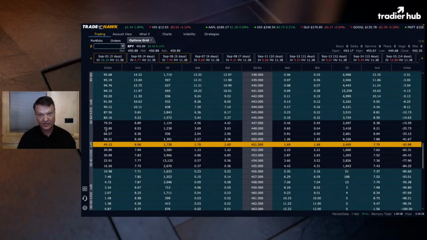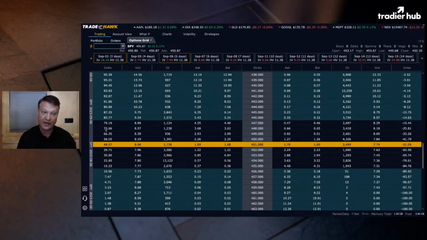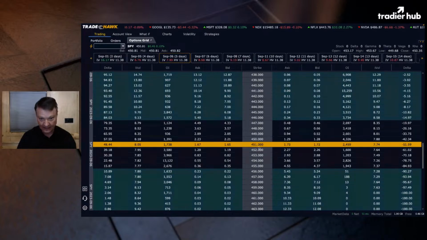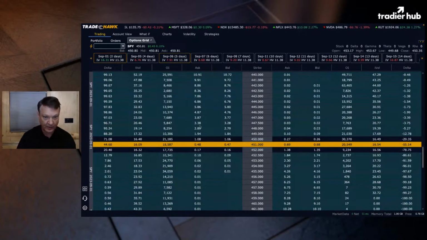So now, since we're going to go shorter term expiration, 1 day to live, what's going to happen to that delta, or i.e. the probability of that option being 1 cent in the money? Well, it's going to increase. So once again, we're right now on the September 6th date. Let's look at September 1, and we click on that, and the 448 option contract with that expiration.